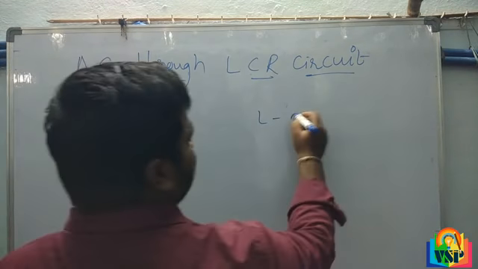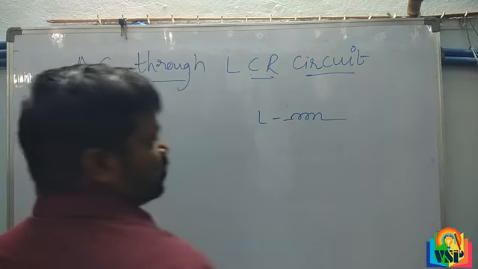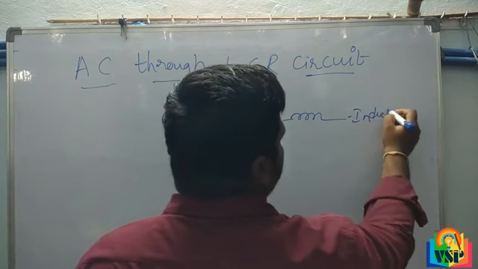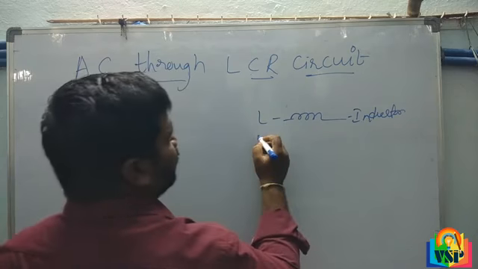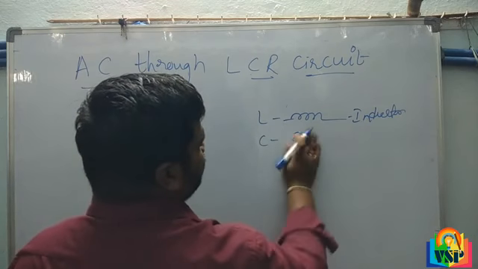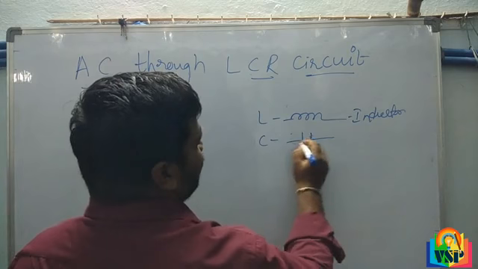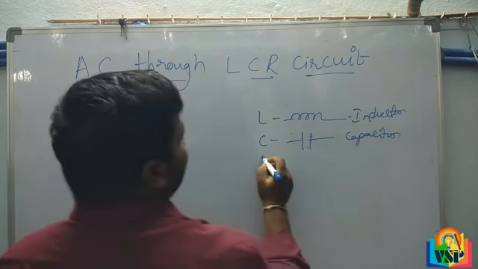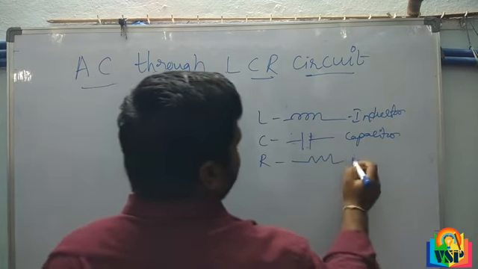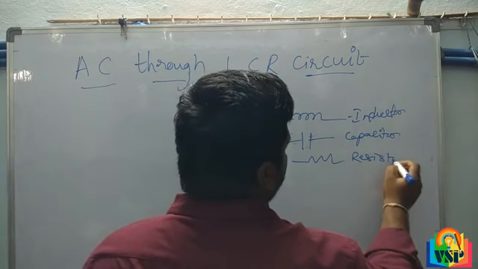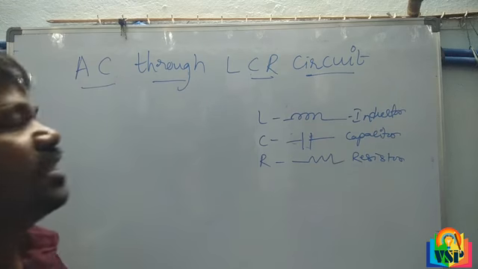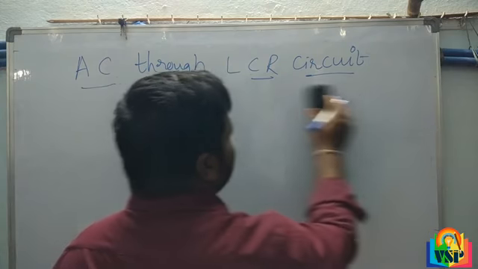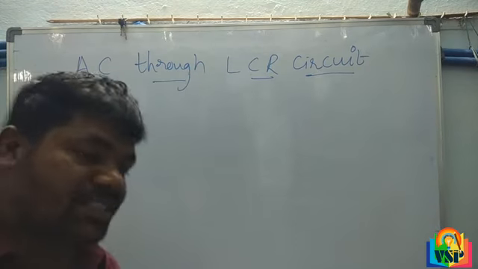L means inductor, which we can say is a solenoid. C means capacitor, with the symbol of parallel plates. And R means resistor. Actually, these three are in series connection. Understand series connection. Be careful, my dear children.